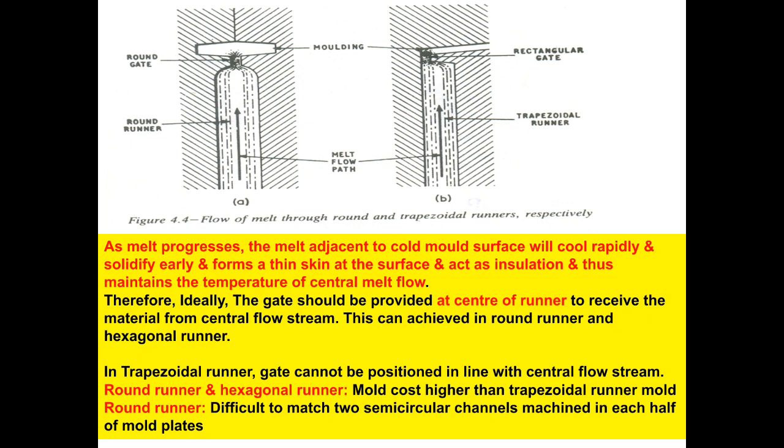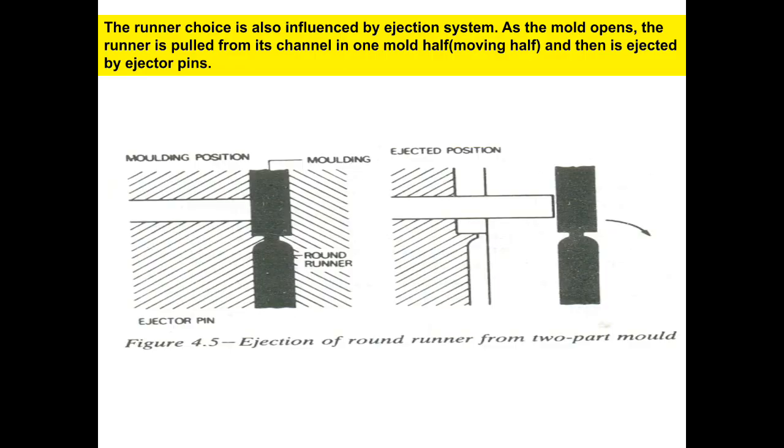Therefore, the gate should be provided at the center of the runner profile to receive the material from the central flow stream. A central gate is generally possible in the case of round runner and hexagonal runner.